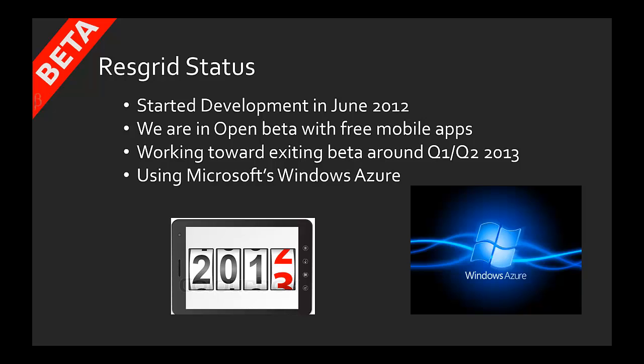Along those lines, we have deployed Resgrid on Microsoft Windows Azure, which is a platform that Microsoft's put out there. It allows for scalability, redundancy, geolocation, and almost 100% uptime. And that's our goal. When we're serving first responders, we can't have the system down at any point in time. So we always want to have it up.